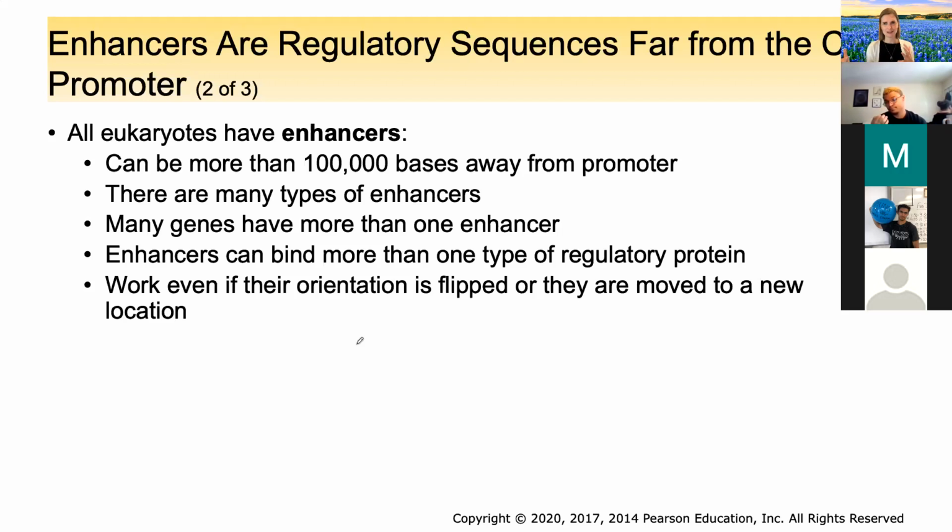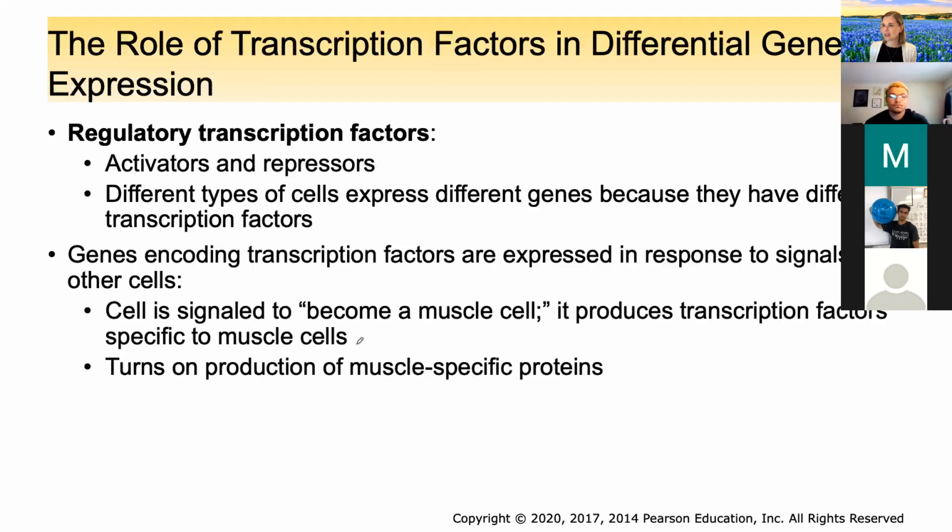So these enhancers can move to different parts of our DNA. It's not stagnant, which I think is another thing that's just mind-blowing. The DNA can move pieces around in order to get certain genes to be expressed or turned off. So lots of very interesting things here to look at for sure.